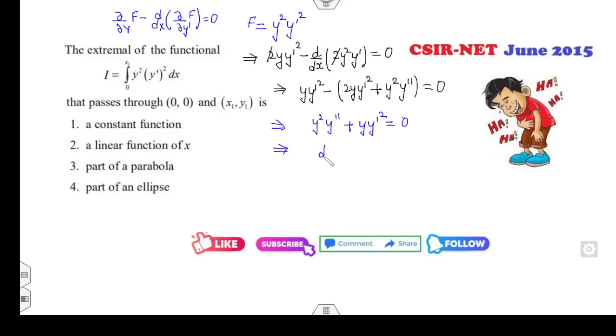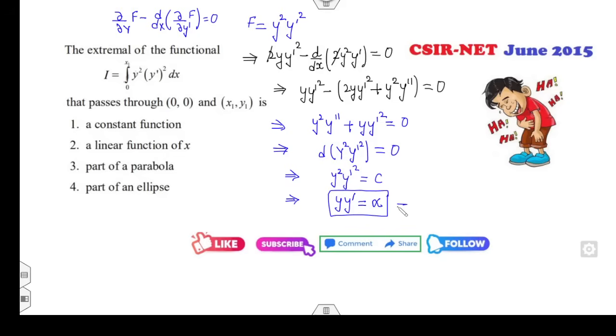And clearly this implies y square y dash is 0. That implies y square y dash square is a constant. I can take the square root on both sides, so that gives you y into y dash is another constant, which I call alpha.